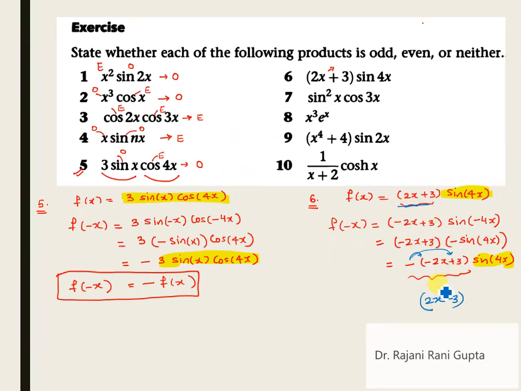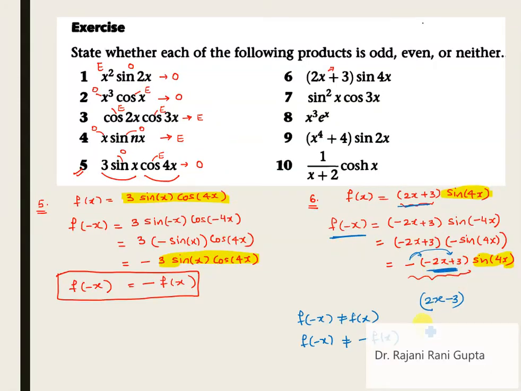So in this case, when we are replacing x by minus x, we are not getting f of minus x equal to f of x first of all, as well as f of minus x is not equal to minus of f of x, because we are not able to get the original function because of this term.